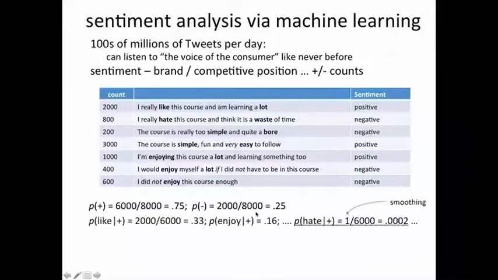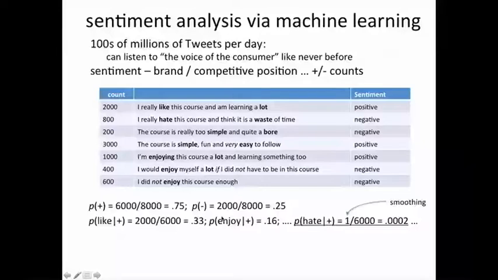And then we need to compute the likelihoods. For example, the probability that the word like occurs within the positive comments. So of the 6,000 positive comments, like occurs in only 2,000 of them. So we get this likelihood.